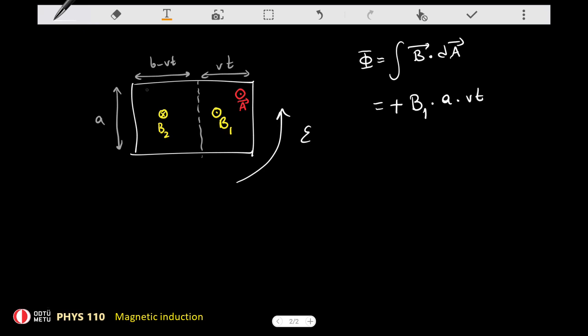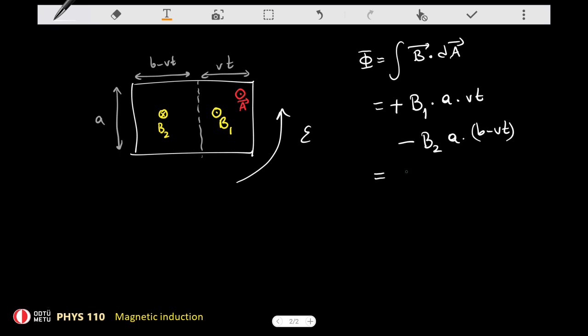And then we consider this surface. In that case, the magnetic field is opposite to the area. So therefore, from the dot product of these two vectors, we get a minus sign. So let me write minus B2 times the surface area. So that's b minus vt. Right, that's basically what it is.